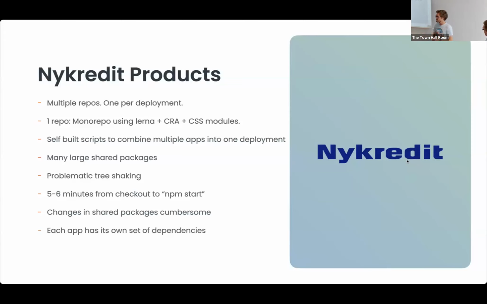It was using Lerna, it was using Create React App, and then CSS modules. This caused some issues. They had some self-built scripts to combine these multiple apps into one deployment, and then they had a few very large shared packages. I think they had 4.